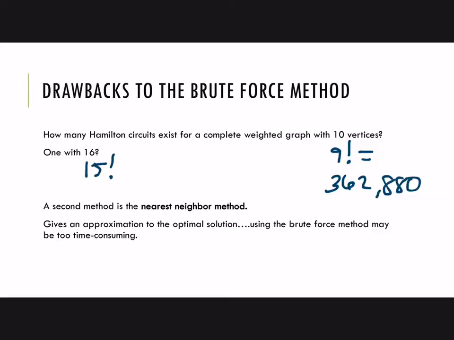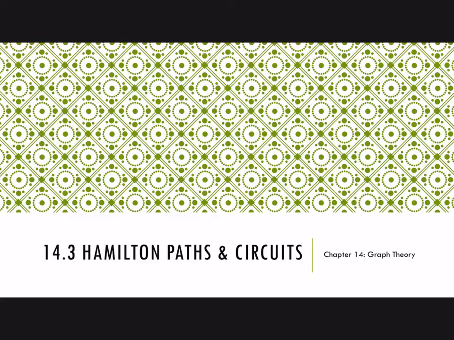Maybe they're okay with a solution that costs $100 more than the absolute lowest, if they can save a lot of money by not using this brute force method. Even finding the solution costs money. If they have to pay a mathematician, or run a computer program, all the time spent running that program could end up costing more than the $100 they would need to pay to end up with a solution that's not quite exact.